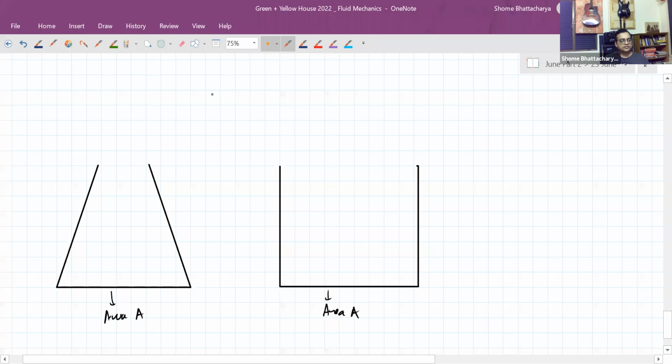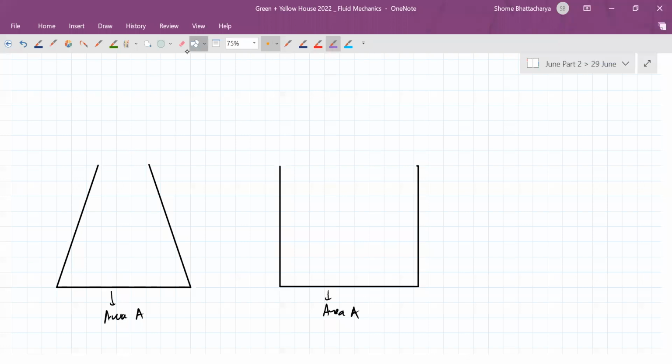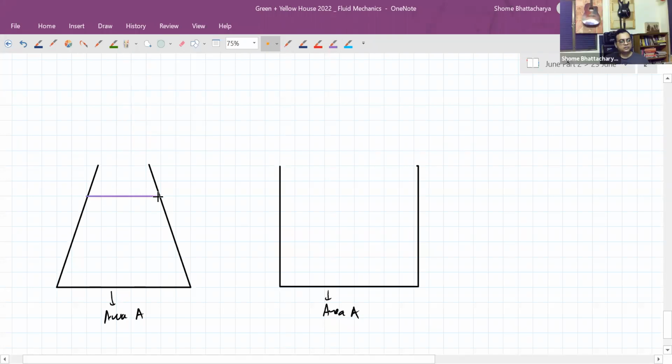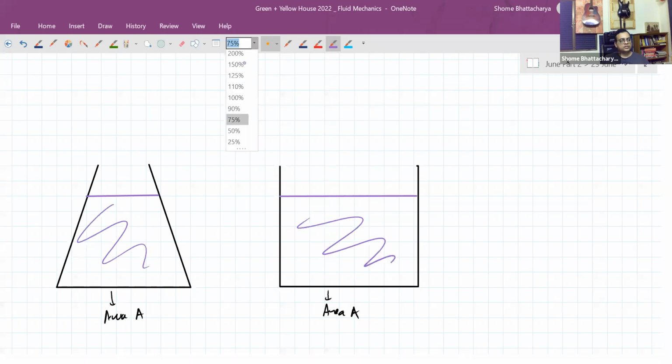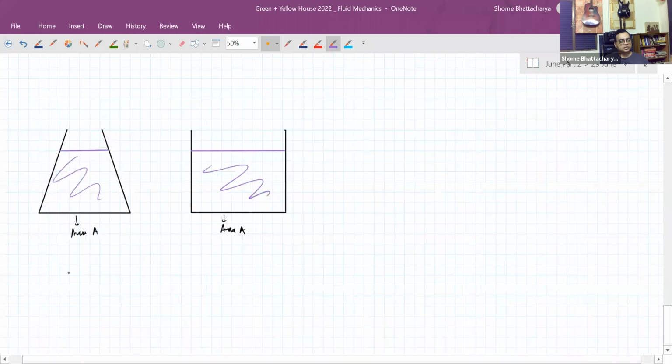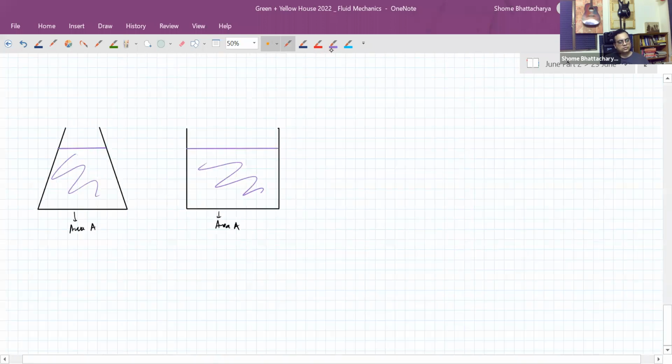But obviously you can see they have different cross sections. Okay? And they are filled with the same fluid up to the same height. So now we have to consider several different things here. Okay? So this is of same density rho. This is container 1, this is container 2.